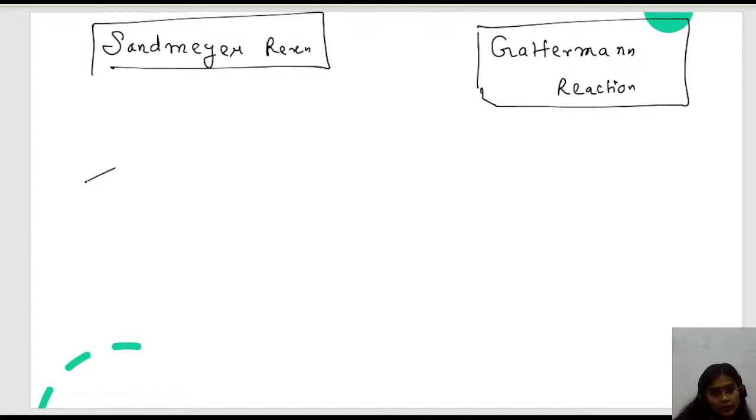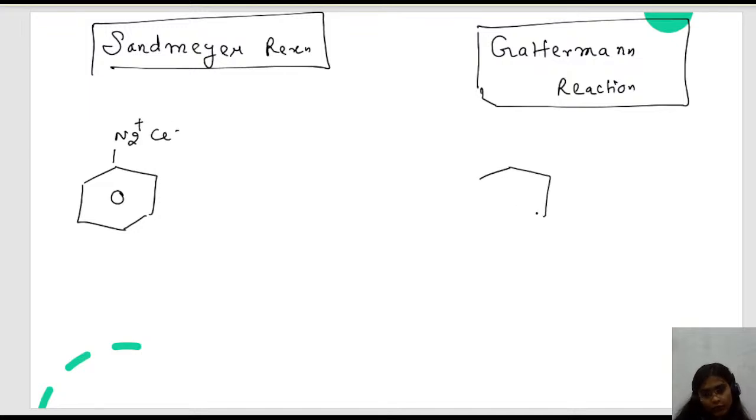In this case, we are using aryl N2 positive, Cl negative. Same ditto, N2 positive and Cl negative, or let me write X in general.